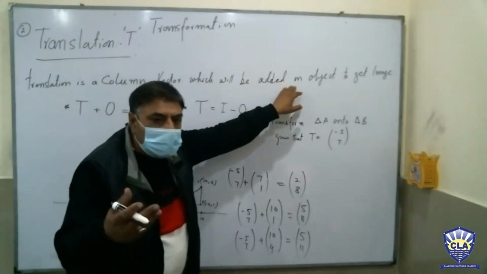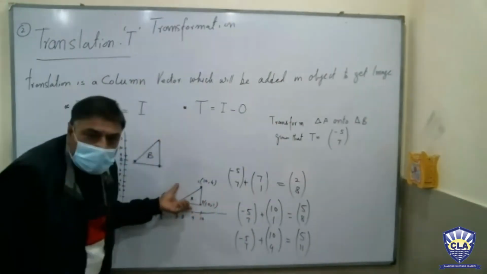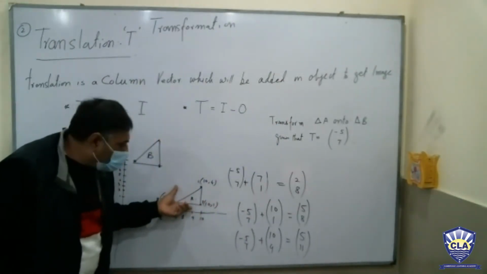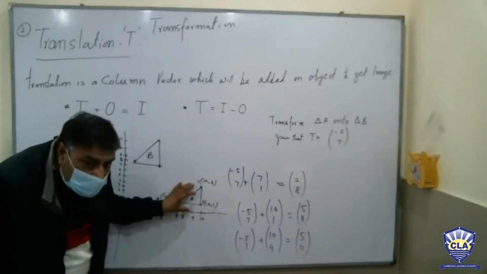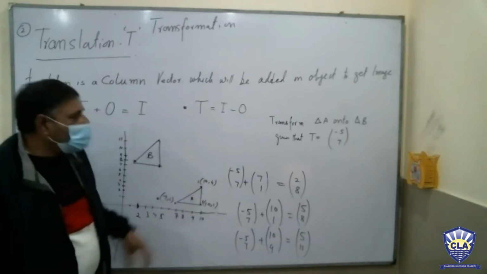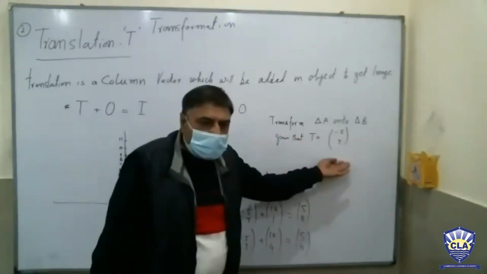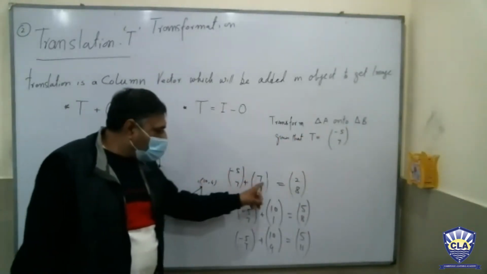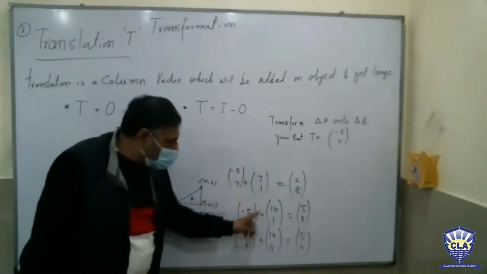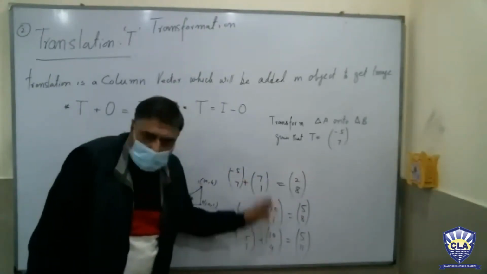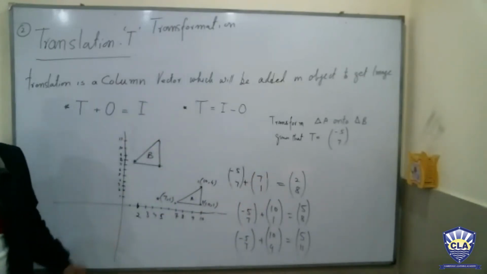What is the object? Object is triangle A. So to the object, we have to add the translation. Translation is -5 and 7. So we will add this to each point. 7, 1, 10, 1, and 10, 4 are the 3 points of the triangle.